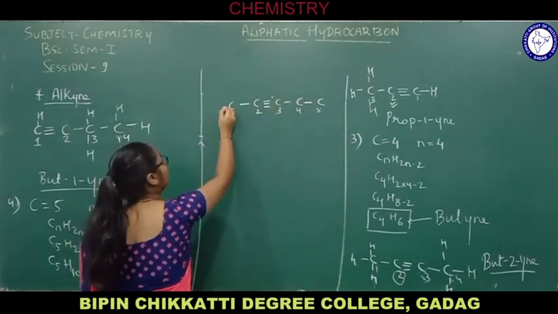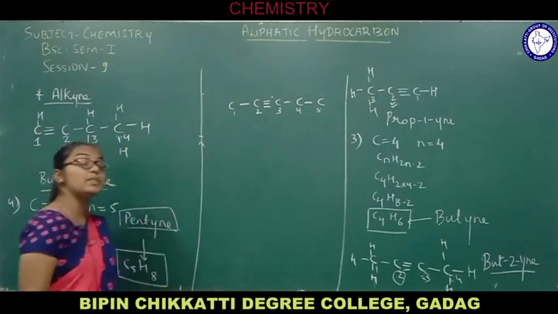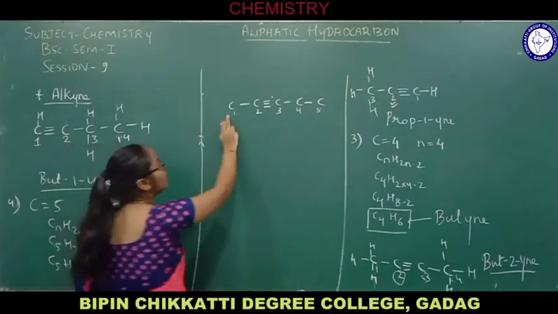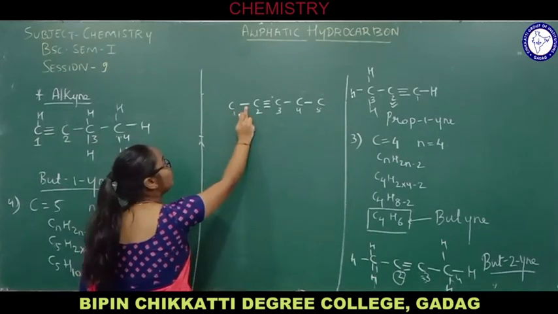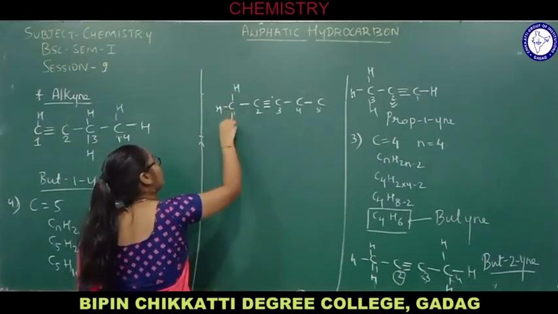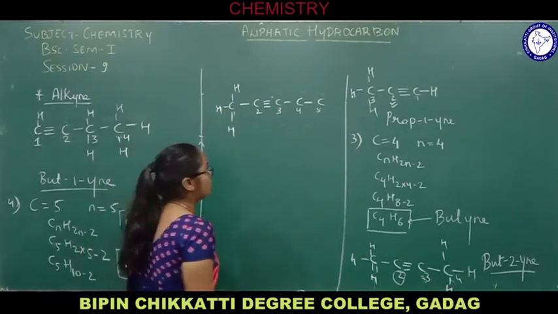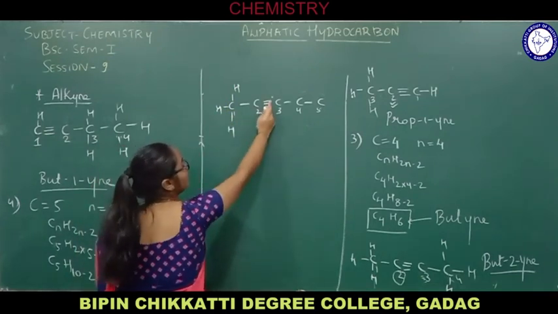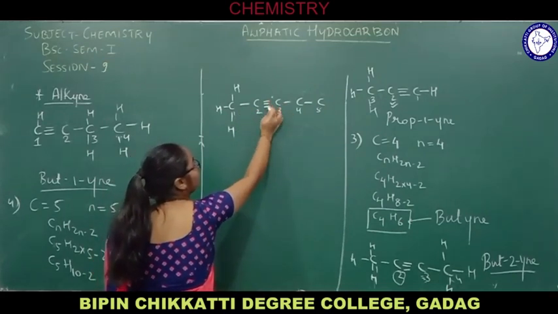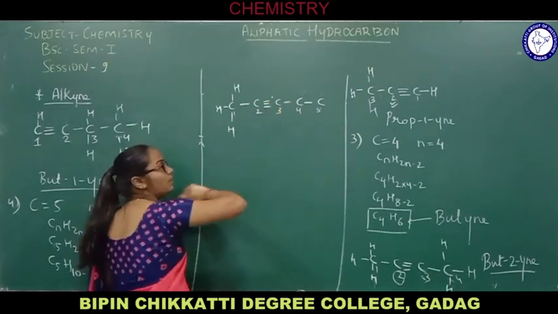Now the remaining bonds should be satisfied by attaching hydrogen atoms. Let's talk about carbon number 1. Here one bond is already utilized, so the remaining 3 will be utilized for attaching 3 hydrogens. Carbon number 2, you can see 1, 2, 3, 4, done. Carbon number 3, 1, 2, 3, 4, done also.